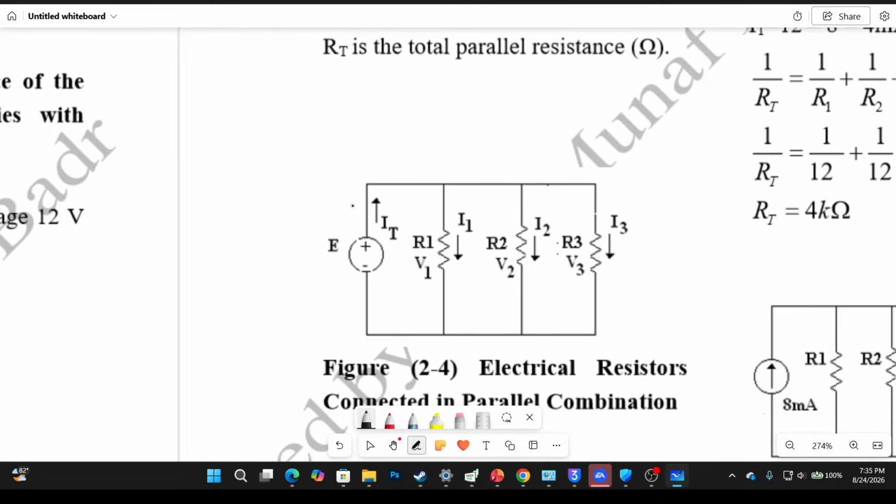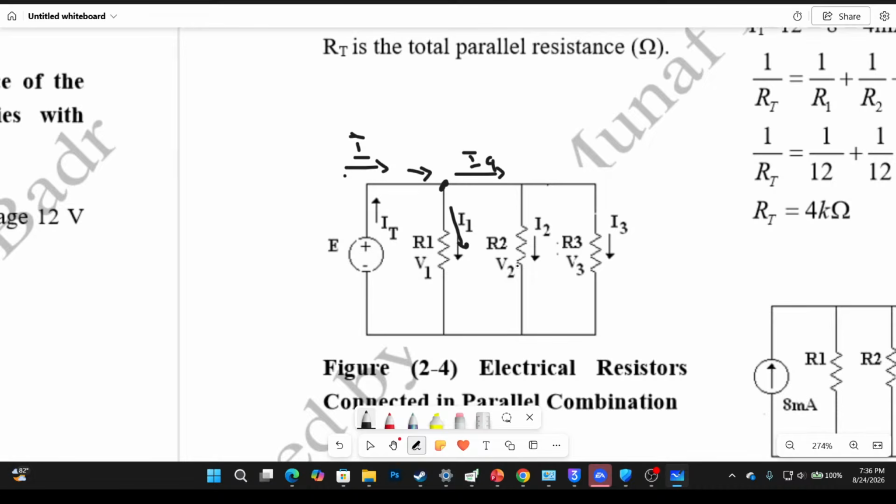Looking at KCL, we have this. Let's take our current, which was derived from this voltage source, to be IT. Looking at this node, we have IT entering this node, I1 leaving this node, and let's make this IA.